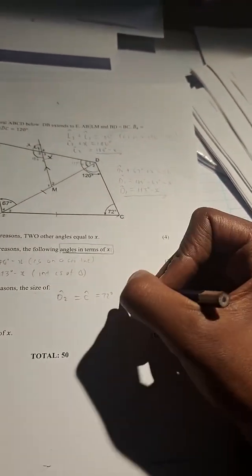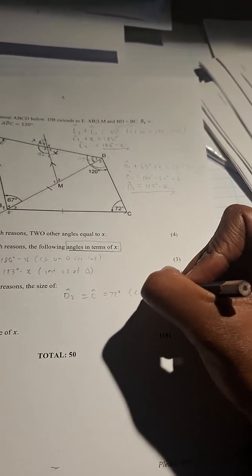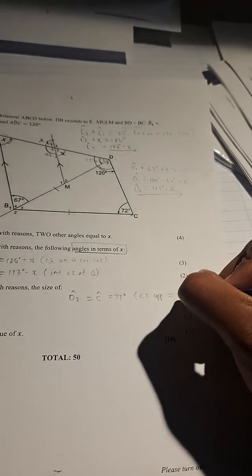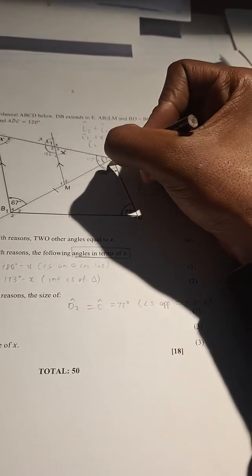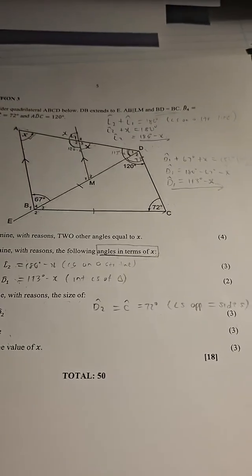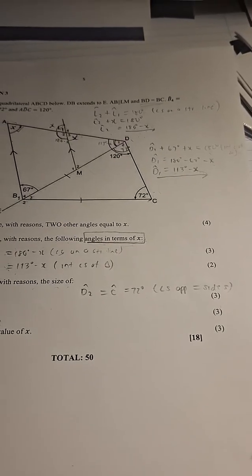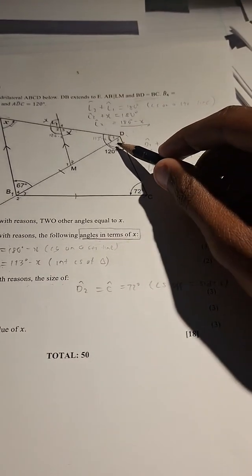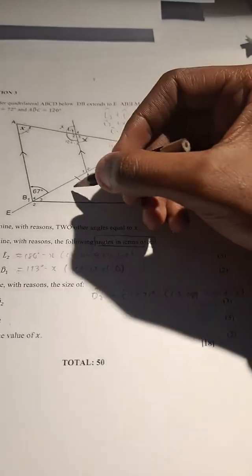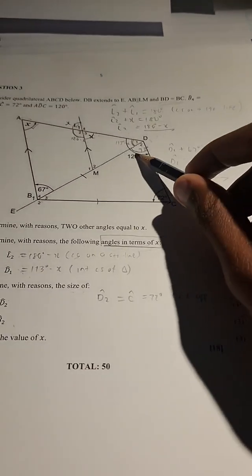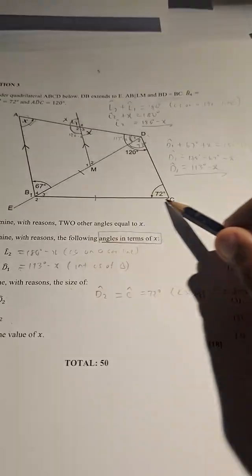Why? So they are equal to 72 degrees. Reason, angles opposite equal sides. That is 72 degrees, guys. Update. Angle D2 is equal to angle C. Remember, we were told that these two lines are equal.